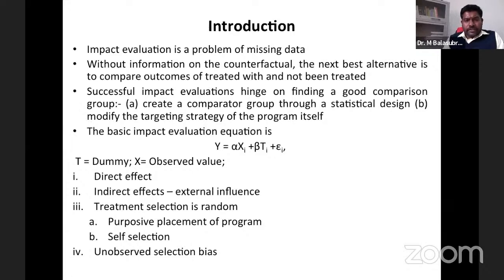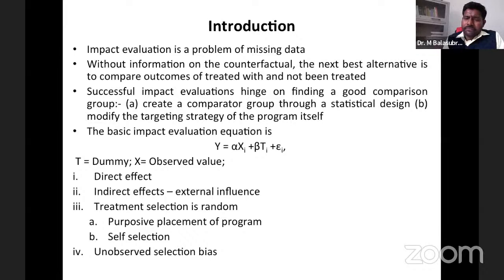Now the basic impact evaluation equation: Y_i, the outcome, is equal to alpha X_i plus beta T_i plus epsilon_i, the error term. Here alpha and beta are the coefficients, and X_i is the observed set of characteristics of the sample. T is a dummy, whether treated or non-treated.